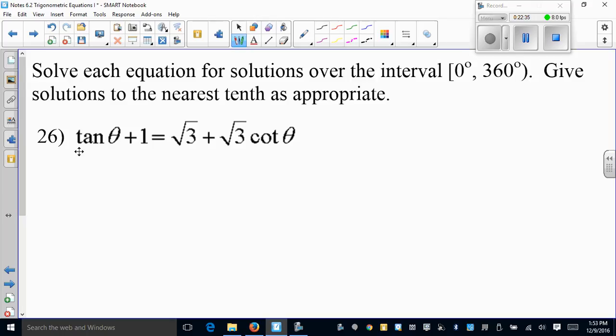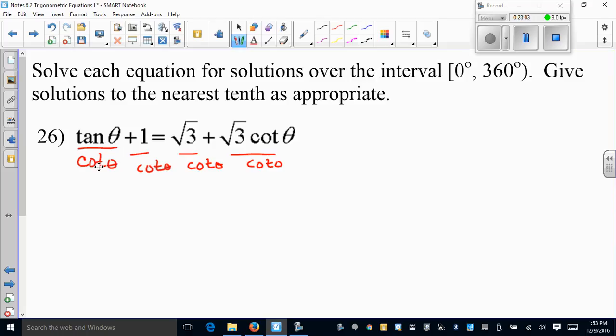So I'm going to just go through and divide all of these by cotangent. Divide by cotangent. Divide by cotangent. Divide by cotangent, and divide by cotangent. So this, and then what I'm going to do is take the reciprocal and bring this up.